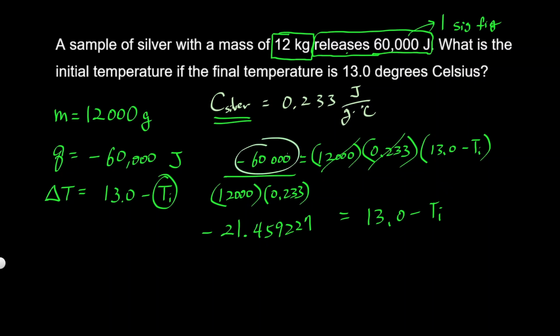Because of this negative 60,000, that's one sig fig, so I'm going to underline here, signifying that that's my sig fig. So I'm going to solve for T initial now. If I bring it to the left side, T initial is going to be 13.0 plus 21.459227 and on and on. Remember, this sig fig is all the way up to here.